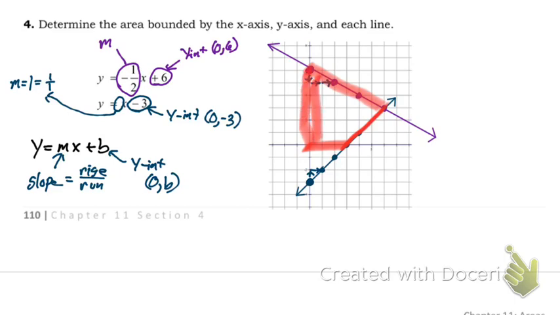I want to find that area there. That is defined by our upper line, lower line, x-axis, and y-axis. So that's the area I'm looking for. I'm going to highlight that a little bit lighter because I want that on there still. So I want this area here.